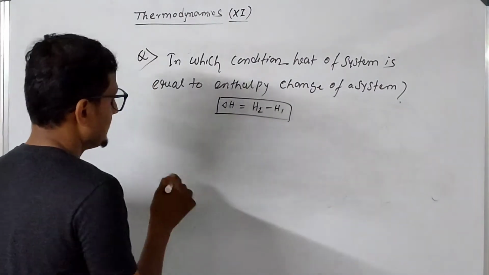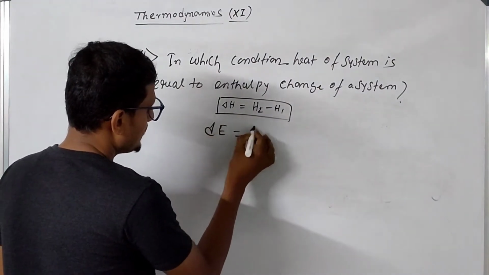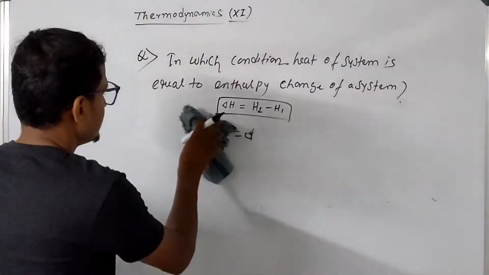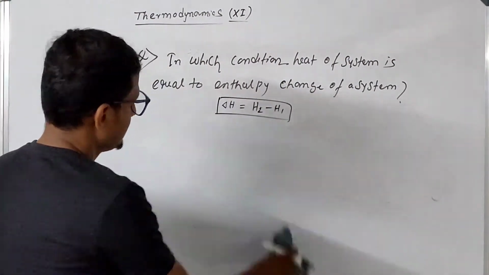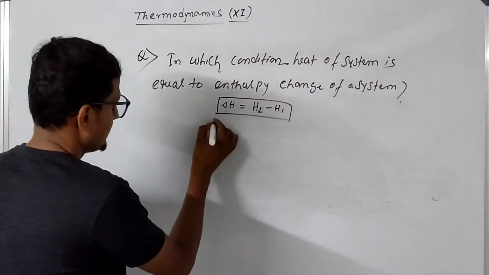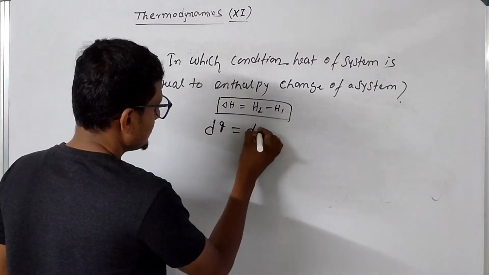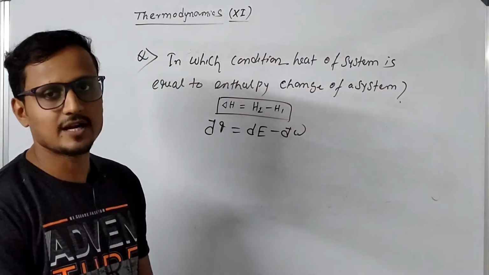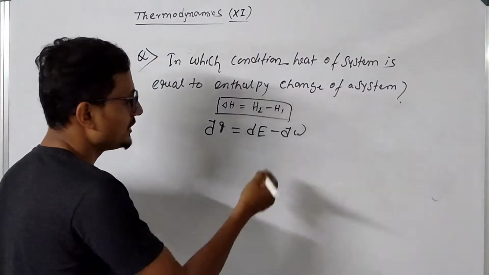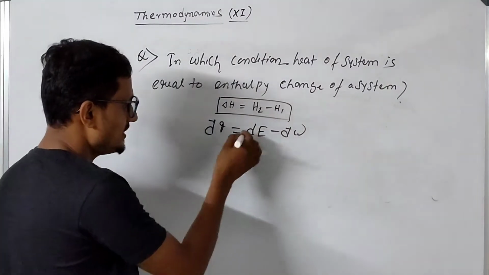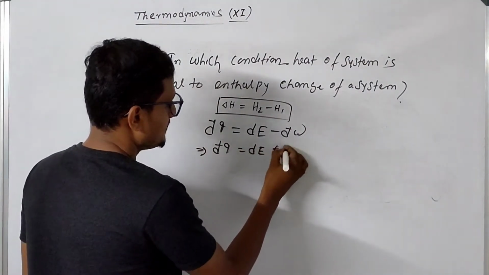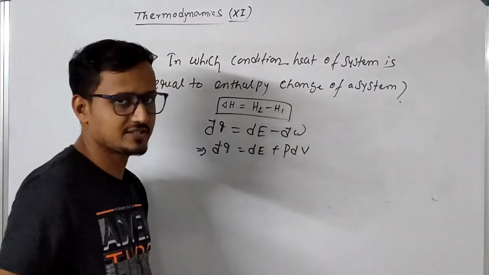We know that dQ equal dE minus dW. Now we know W equal minus PdV. So if we substitute here, then we will get dQ equal dE plus PdV. This relation is known to us.